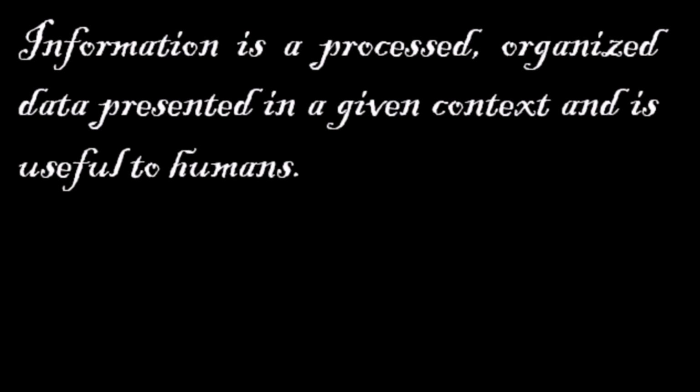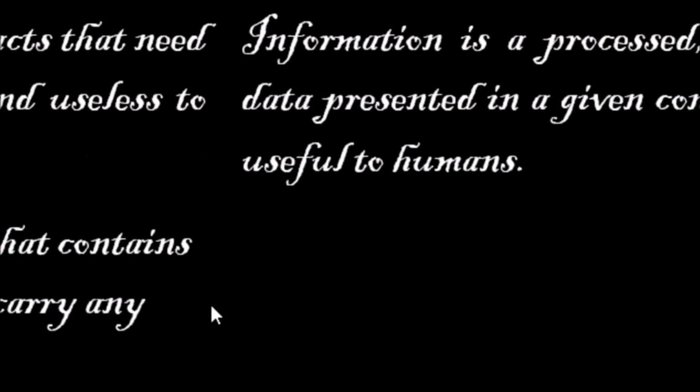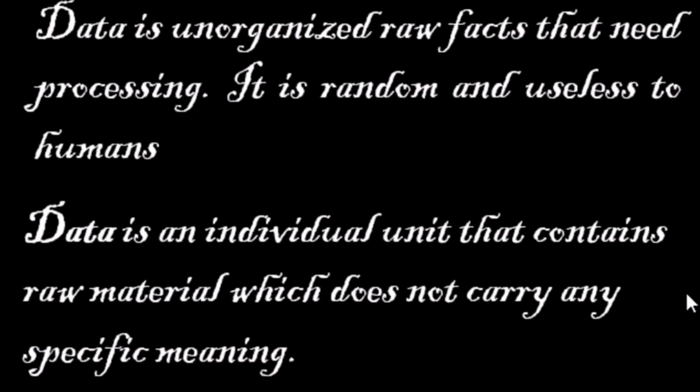It should give some meaning. And next one, data is an individual unit that contains raw material which does not carry any specific meaning. That is, data is an individual unit, 1, 2, 3, or 16, whatever it may be. It's not necessary to give some meaning to that data. So data is a raw fact, that's all.